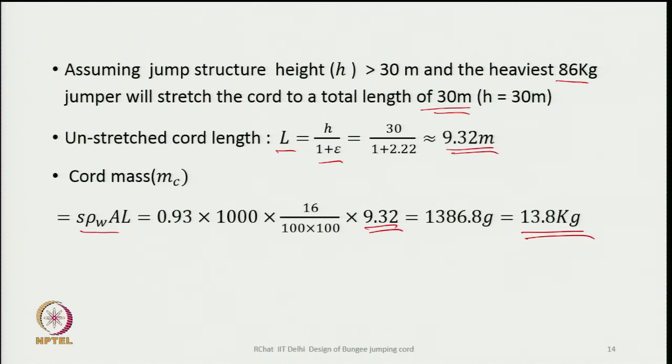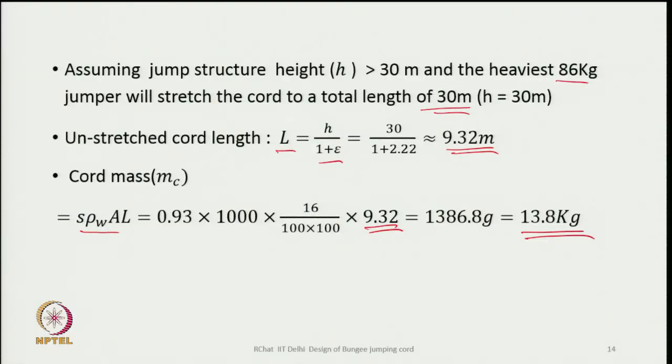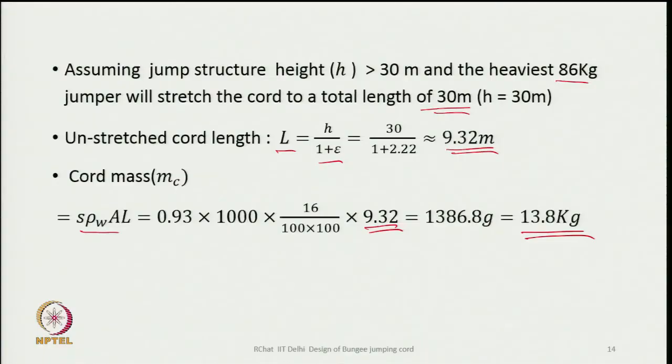So, you know this is the cord length, this is the weight, and with this length if we choose the cord, even the heaviest person will be able to survive, because he is not going to experience a G force greater than 3, because it has to be less than 3. With this we close today's discussion.